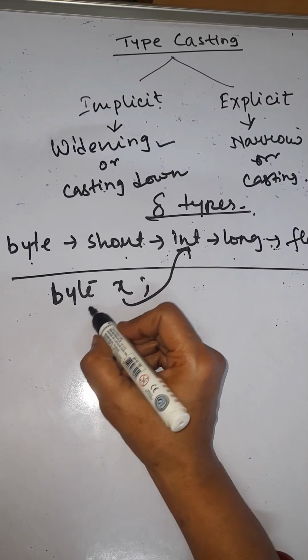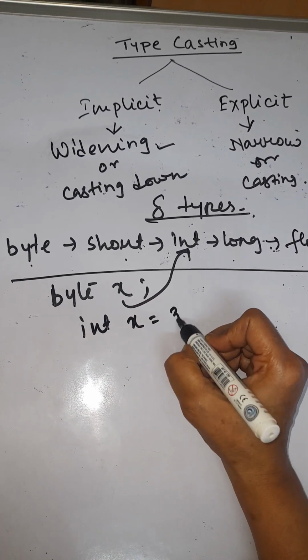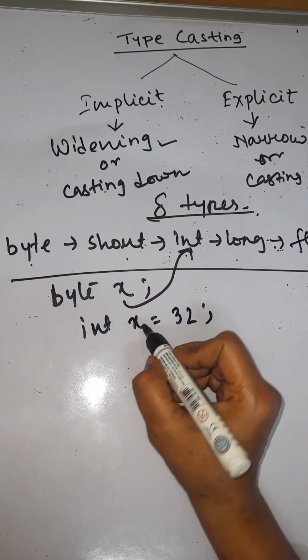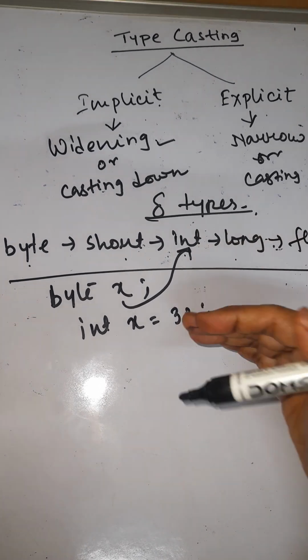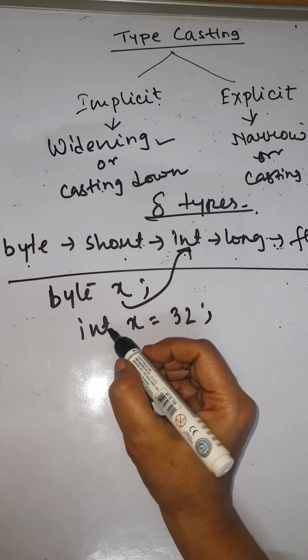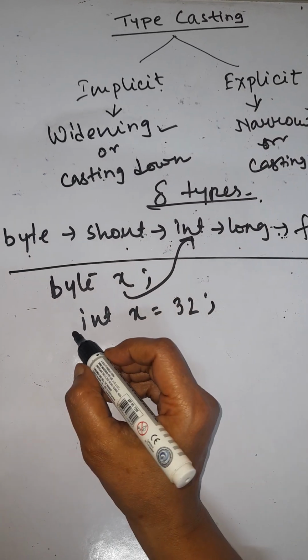Maybe if you have one integer variable x equal to 32 and you want to convert it to long, no problem, because it is widening typecasting. This is also known as widening or implicit typecasting.